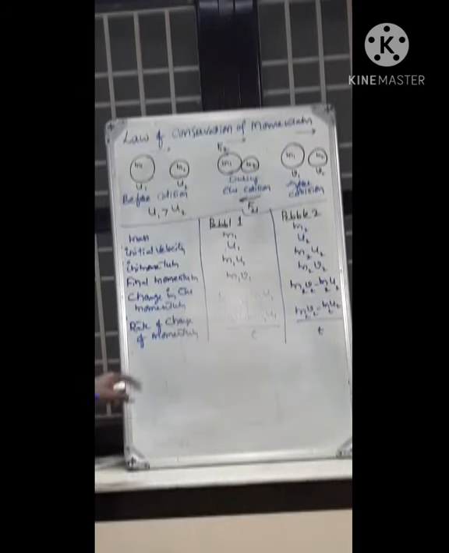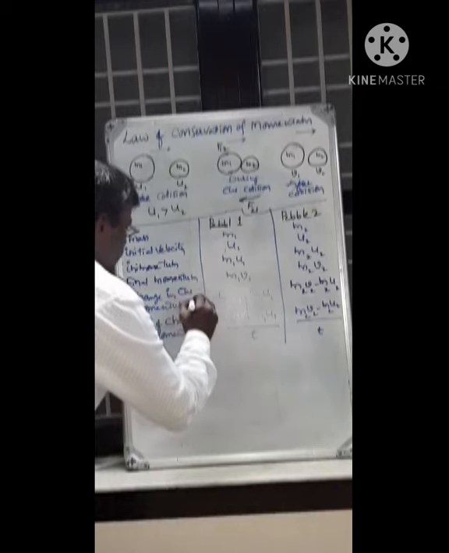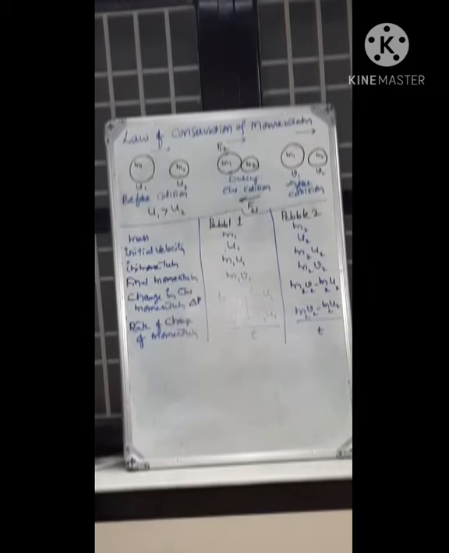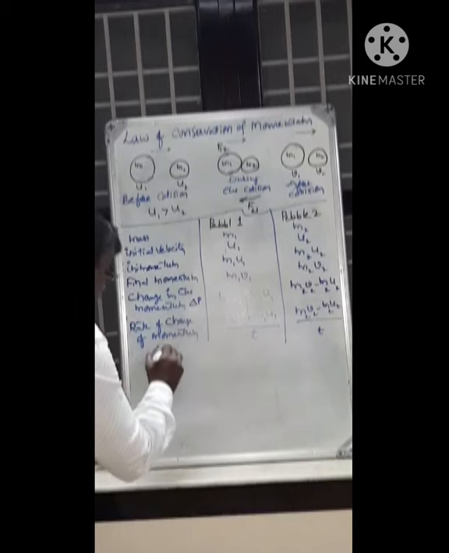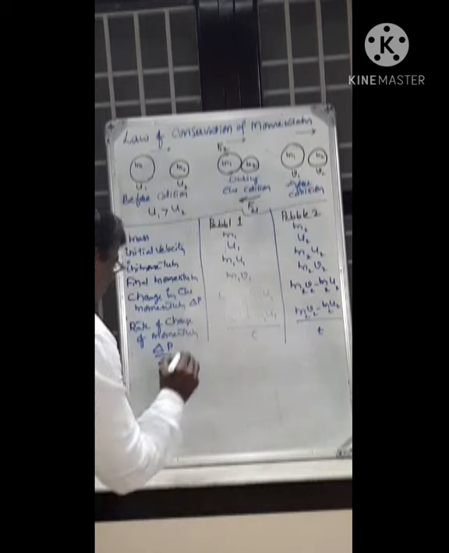The rate of change of momentum can be shown as delta p by delta t.